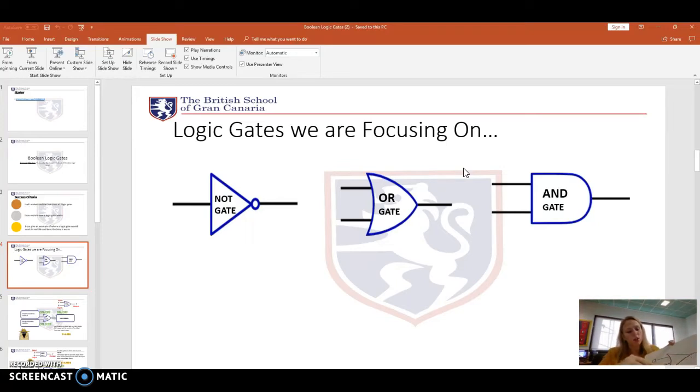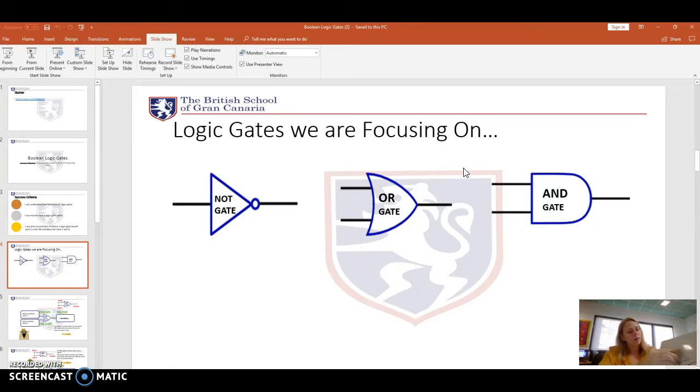Now if we was to change one of those to 1, okay, so you've got your input as 0 and then the other one as 1. So remember, this is OR. What would the output be? Hopefully you said 1 because it's an OR gate. Okay, so it doesn't mind what it does. So as long as either one of those circuits are turned on, the output would be on.